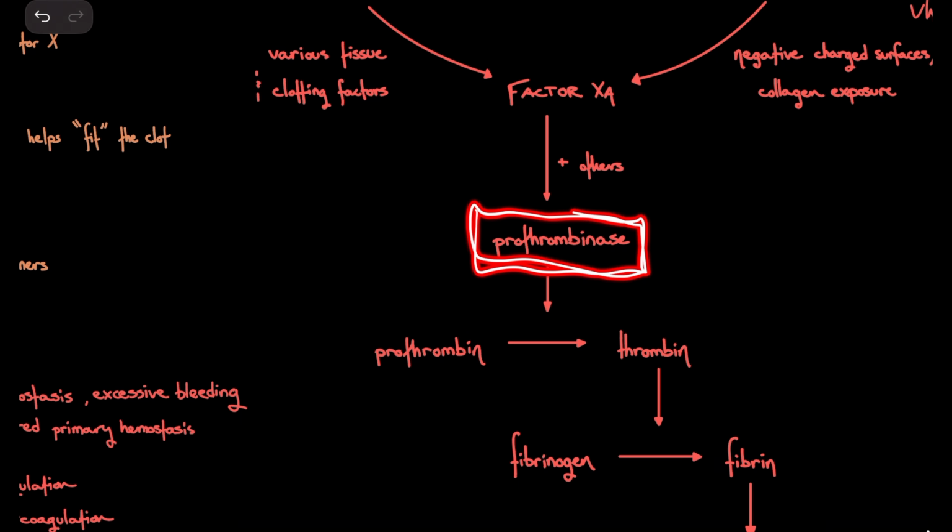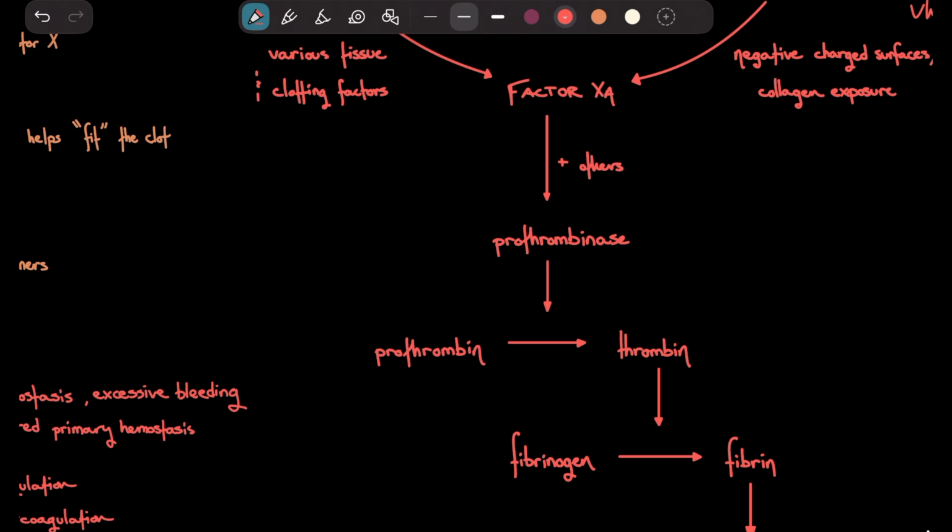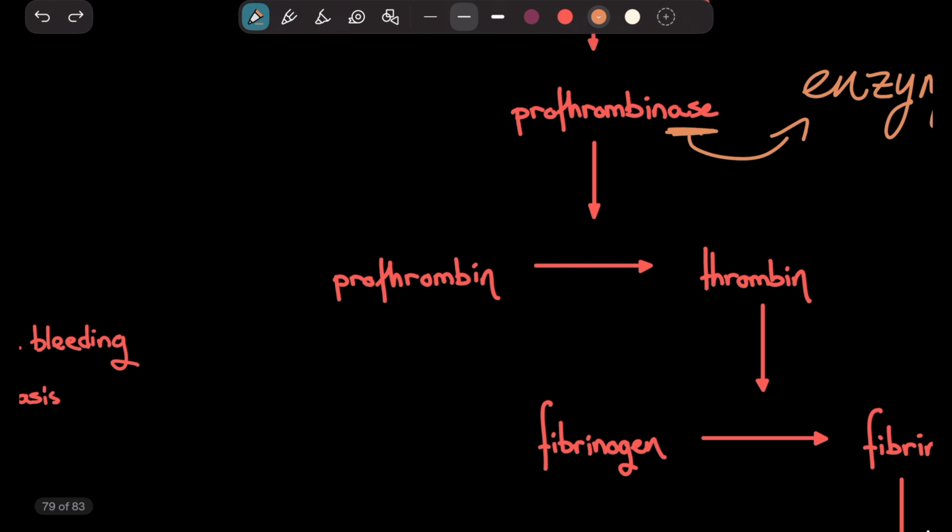leads to prothrombinase. Okay, so prothrombinase, anytime you see ACE, that usually means enzyme. So that is going to break down prothrombin into thrombin. Anytime you see pro in front of a compound, that usually means it's inactive.